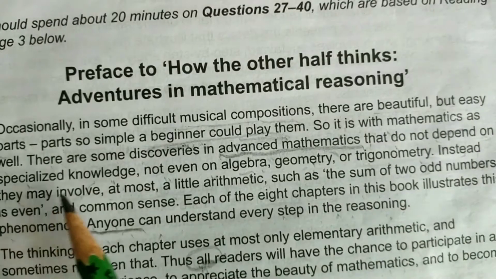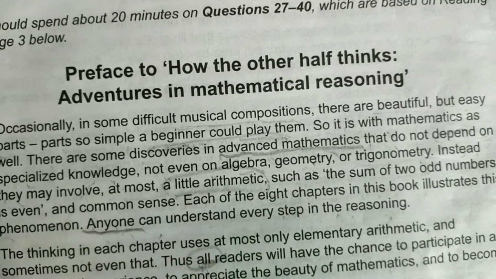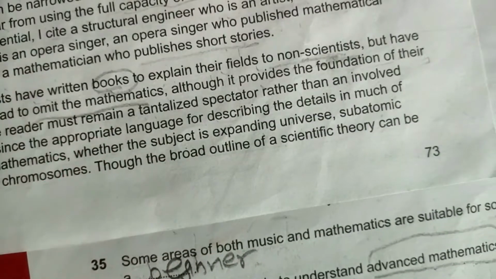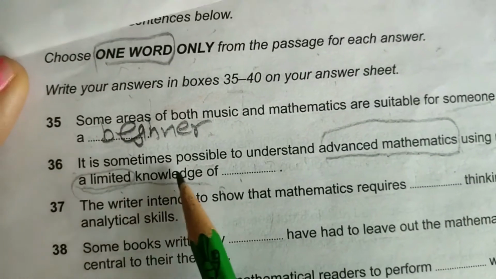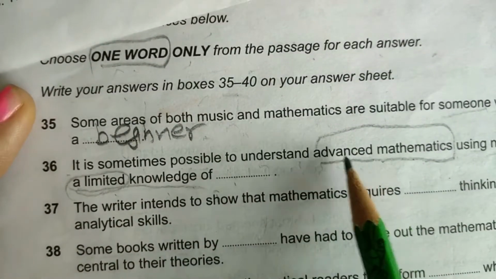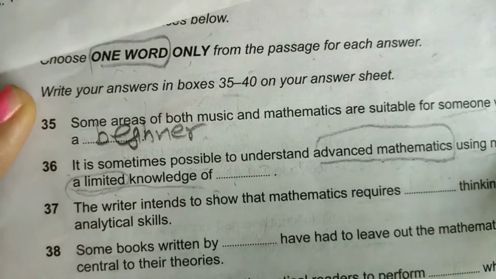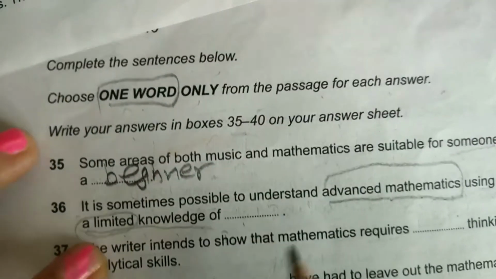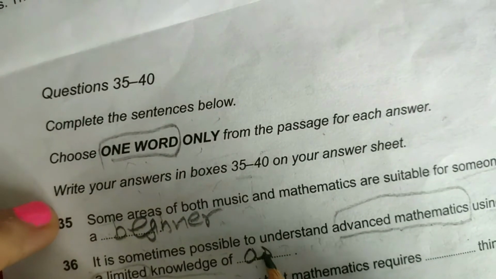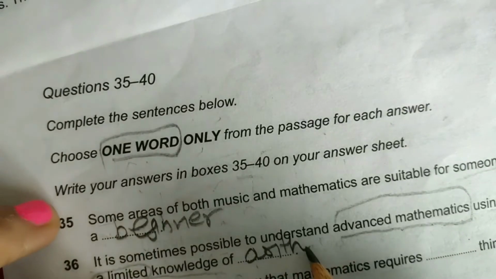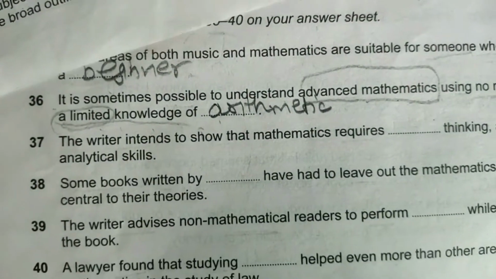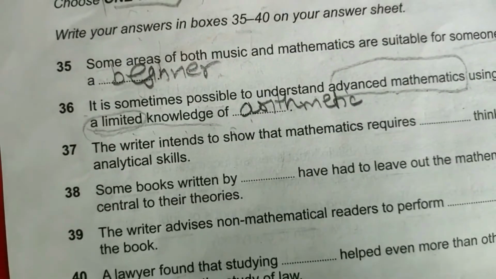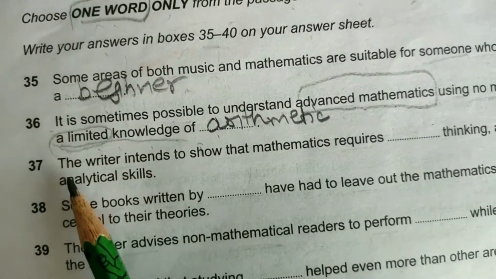Instead, they may involve at most a little arithmetic. Limited here means little. So the answer is arithmetic. Fine, in this way we have got the two answers in fill in the blanks. Now move on to question 37.